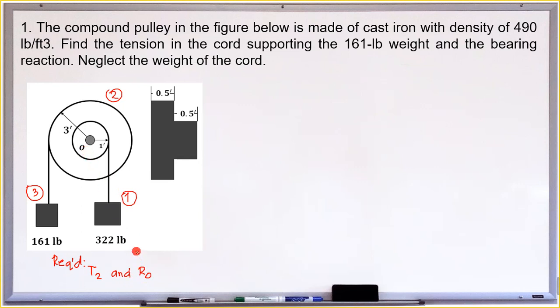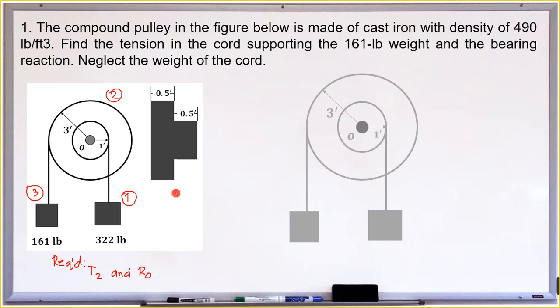So the first step is that we are going to create an FBD for the entire system. So this is our system. Now we have two blocks with weights, so the obvious external forces are the weights.